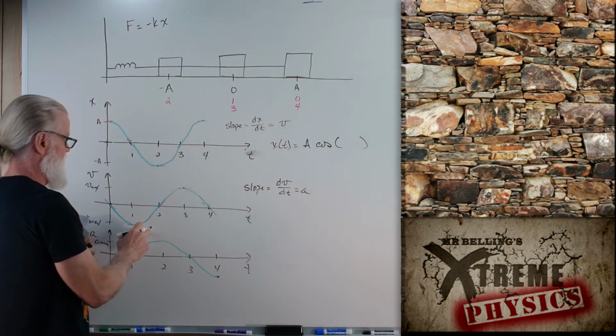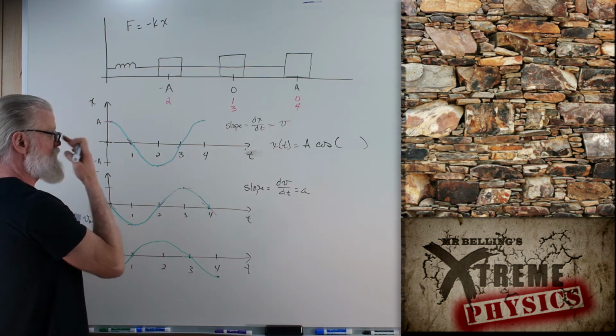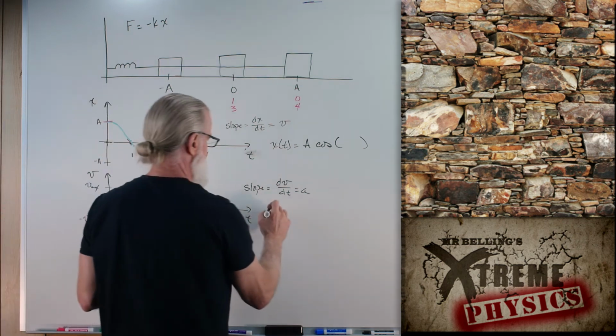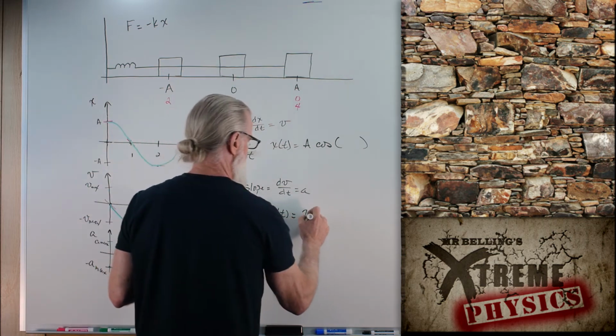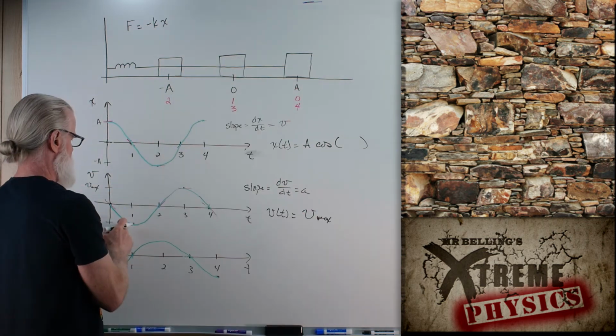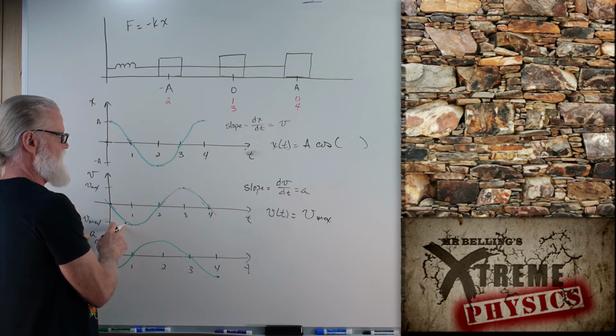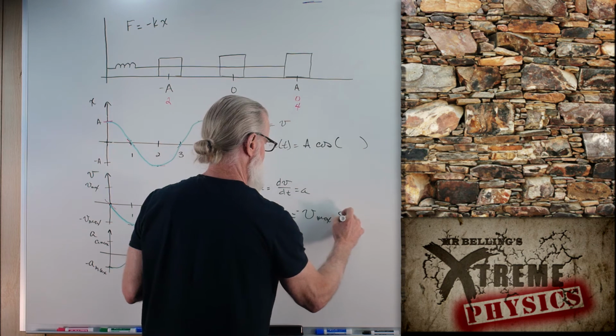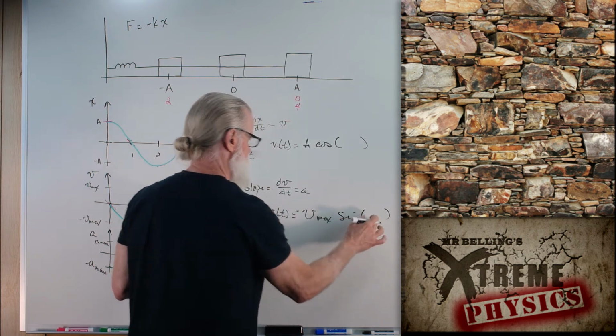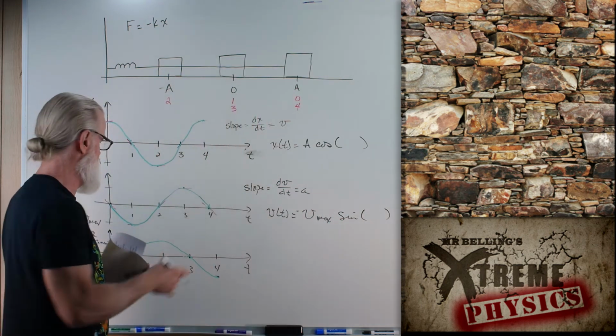Now, what does this look like? Well, this looks like v of t equals v max times, that looks sinusoidal, but it's not a sine. It looks like a negative sine function. So negative sine with some argument. We'll talk about the argument in a bit.